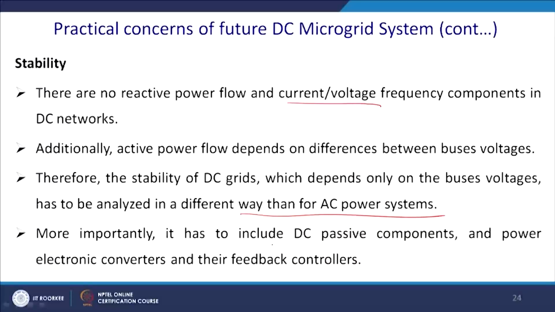So, the load flow analysis mechanism we cannot apply in the case of the DC microgrid. More importantly, it has to include DC passive components and the power electronics converters and their feedback controllers, and that sometimes worsens the control strategies.